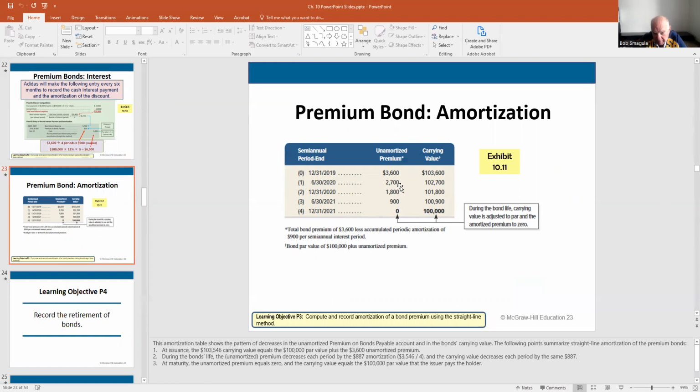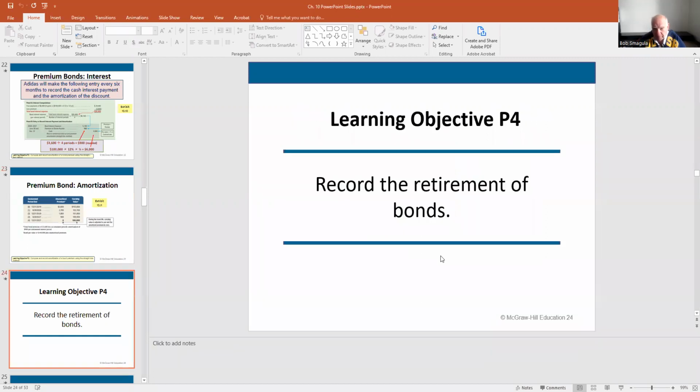And we're going to reduce it by 900, 900, 900, 900, so that the unamortized premium goes from $3,600 to 0 over the life of the bond, and the commensurate carrying value goes down until it reaches $100,000, at which time we pay the money back, the $100,000, okay? Even though we received the $103,600, we're only paying back the $100,000.